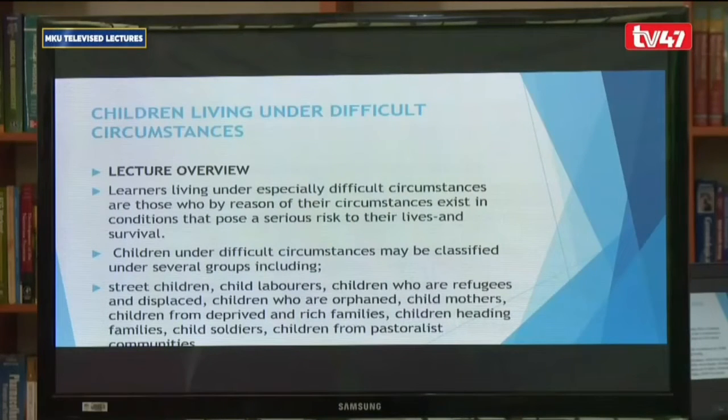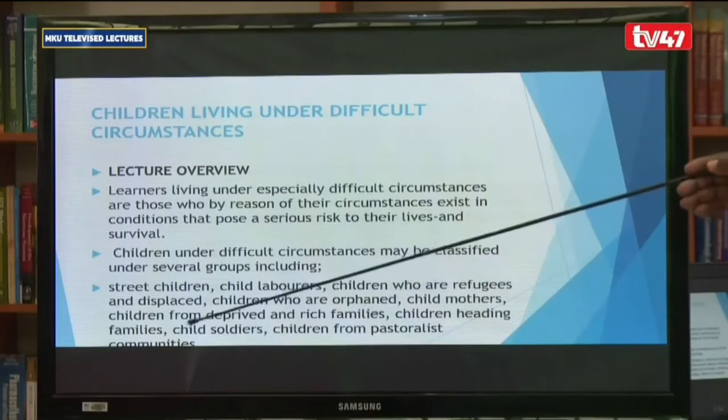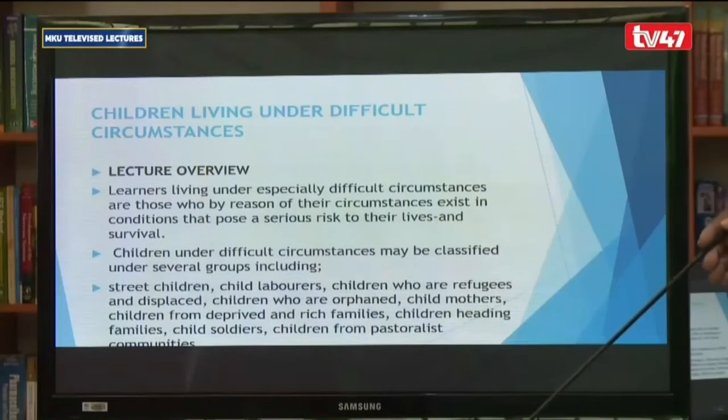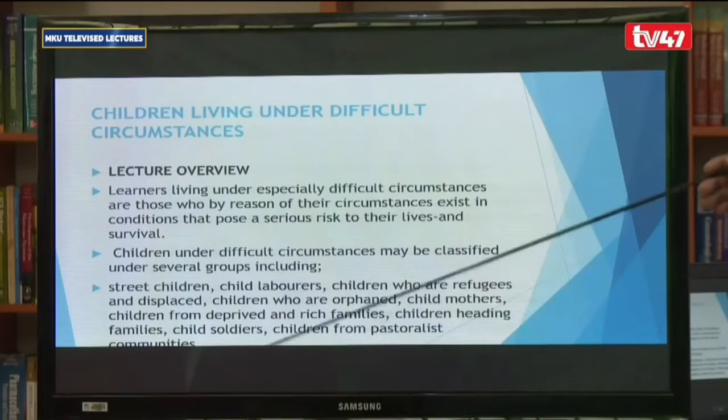Children under difficult circumstances may be classified under several groups. Some of these, we have the street children. Later we are going to see how many types of street children we have. We have also child laborers.